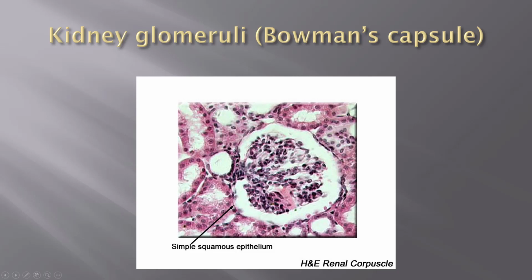Okay, so this is a slide of the glomerulus of the kidney, and you can see the glomerulus here. This you'll learn when we get to AP2 is the Bowman's capsule, and these are the renal tubules. And I like this slide because it shows you how to identify these tissues.